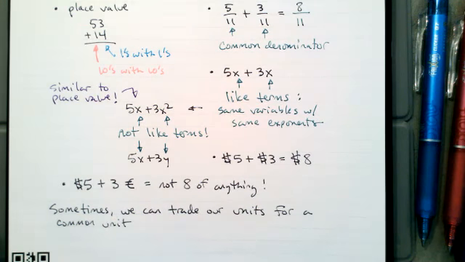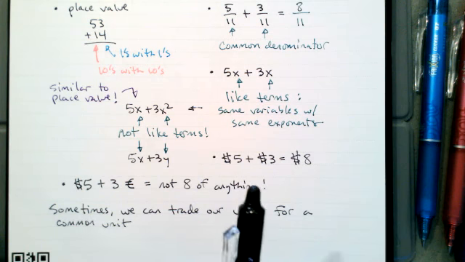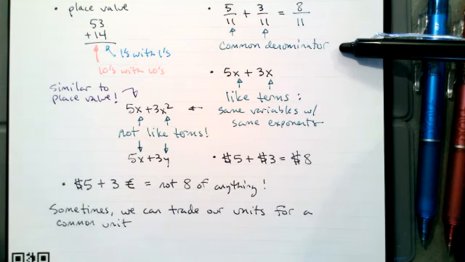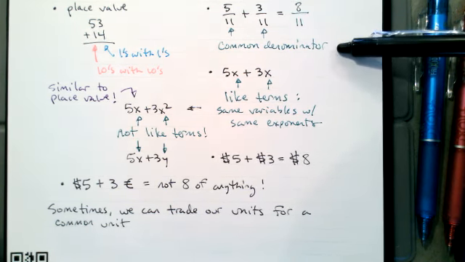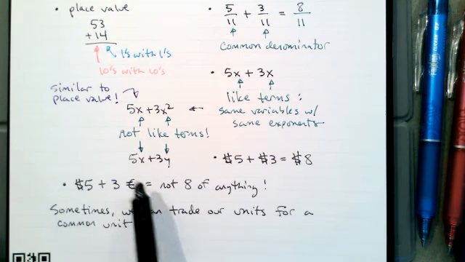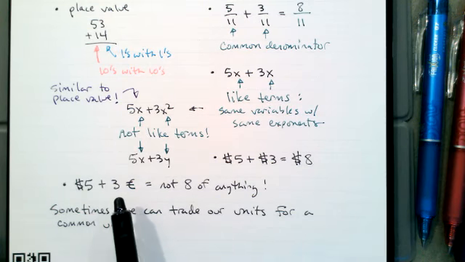And the reason I refer to this as a common unit, that's going to be one that they have in common. And it's also the phrasing that we're already familiar with because we talked about common denominators. And so we can take our dollars and euro. If we can do some kind of thing to them, we can make them have the same denomination.